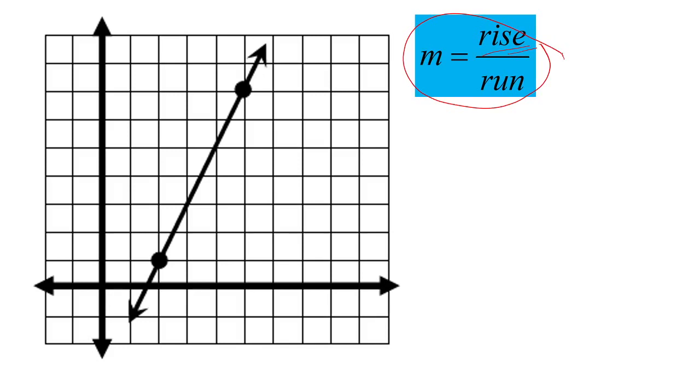When you say rising, it's going upward all the time. Therefore, the value is always positive for the rise. So take note, when I say rising, it's going upward all the time. When I say running, it can be positive or it can be negative. When can you say that the running is positive?